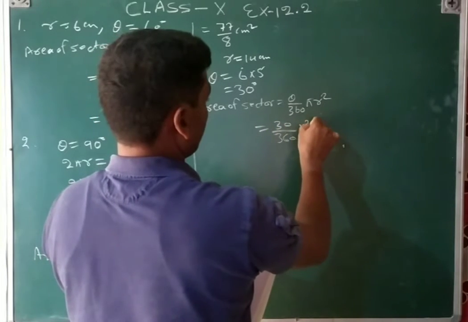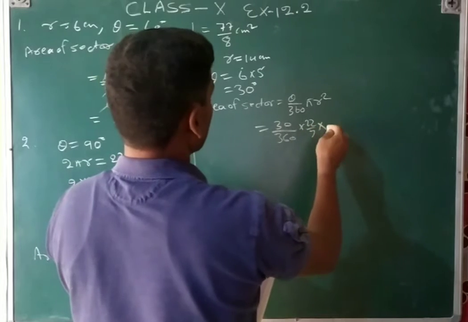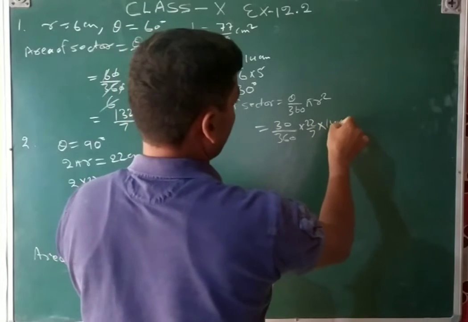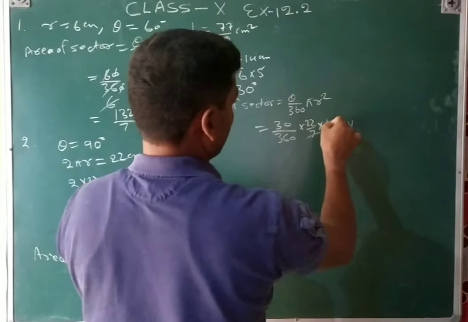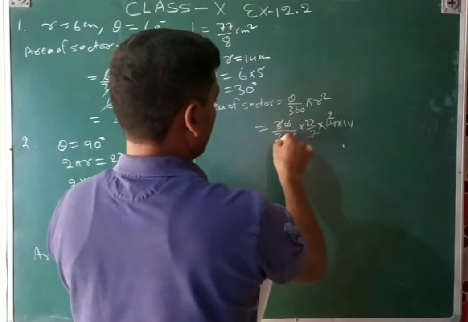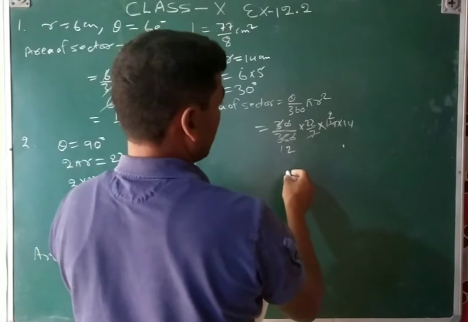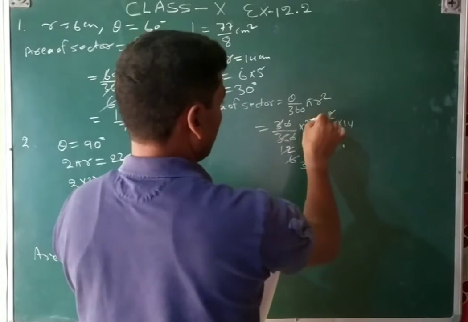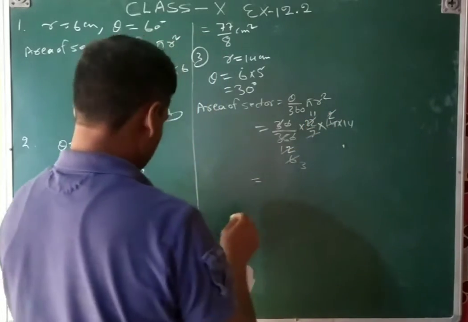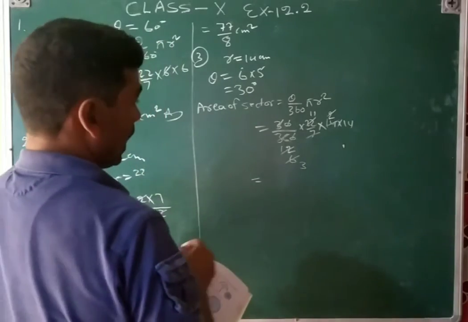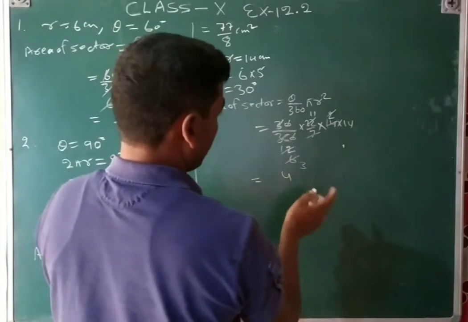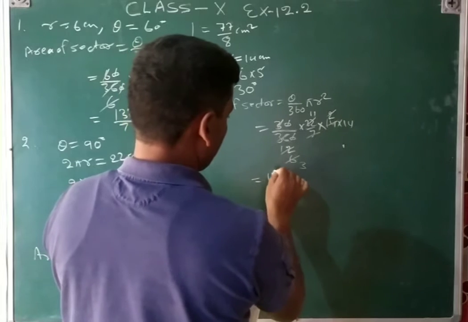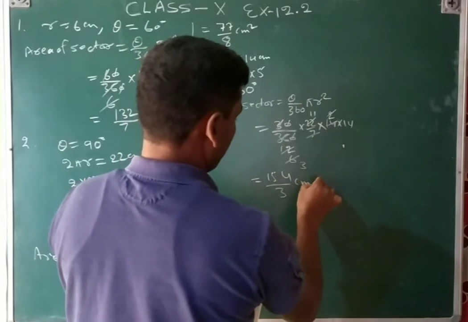Pi value is 22 upon 7 into r is 14 into 14. 7 twos are 14, and then 0, 3 ones are 3, 2 ones. Then by 2, 2 sixes, by 2, 3 ones are 11. 11 fours are 44, carry 4, 11 ones are 11, 4 is 50, and then 3 centimeter square.